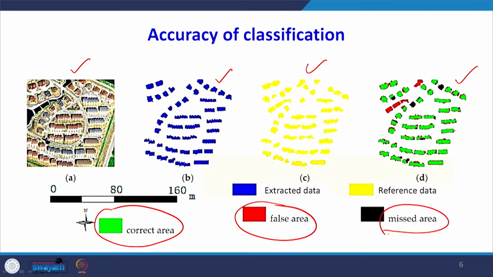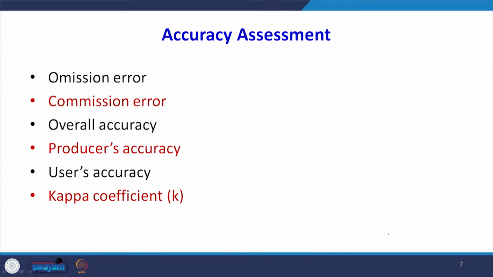This is the kind of analysis we have to carry out, and we have to carry out not just the visual analysis, we have to carry out the analysis numerically in terms of the percentage pixels. So, there are various terms which we are using when we do the accuracy assessment of the data. We are calculating the omission error, the commission error, and the overall accuracy of the map.